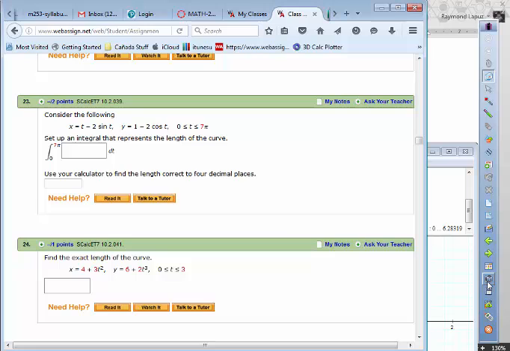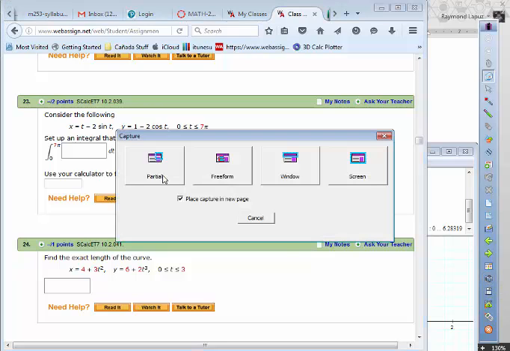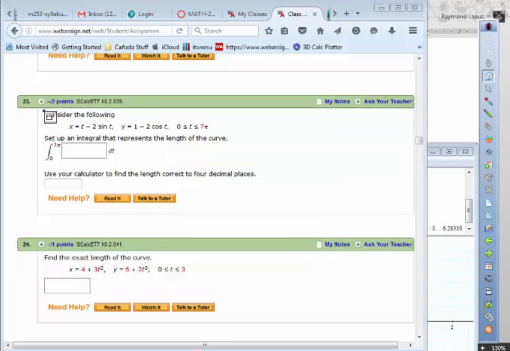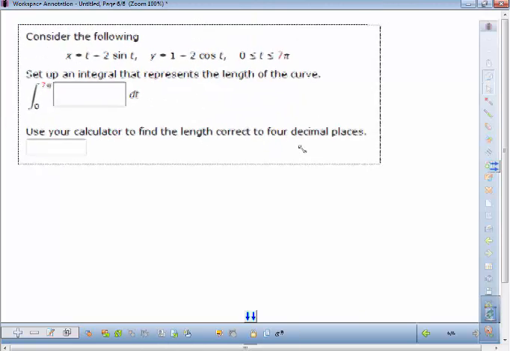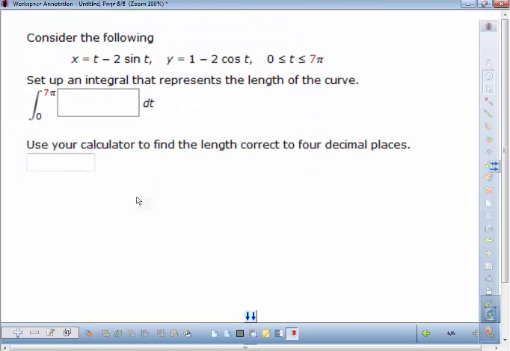So we'll do number 23, where we have to find the function that goes in the integral, that's called the integrand.